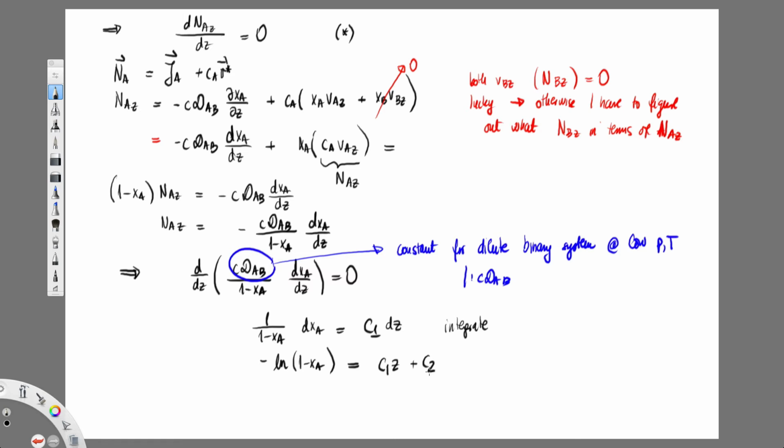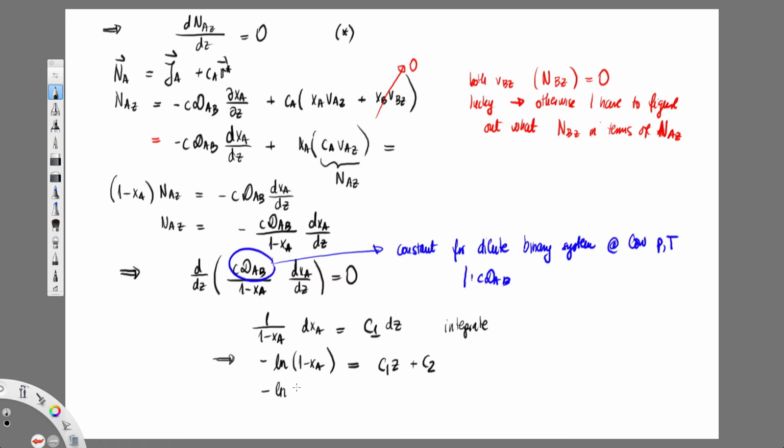Everybody agrees with me? So this is ready for boundary conditions.